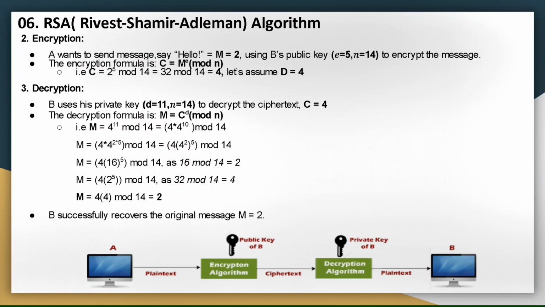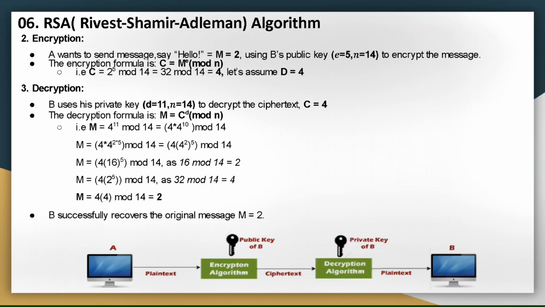So now, in the decryption part, B will use his private key to decrypt the ciphertext. What B has with him is his private key d and n, 14. So the decryption formula is capital M, which is our message.